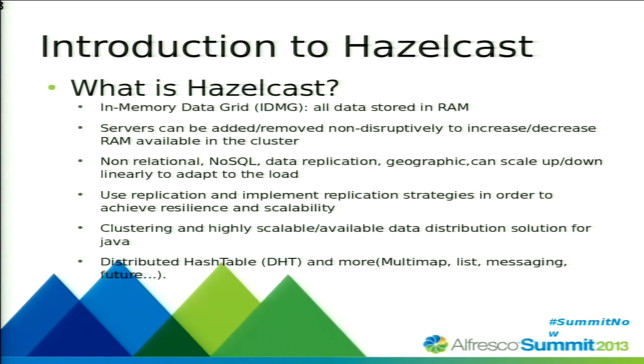Another characteristic, obviously, is that it's a non-relational NoSQL system that does data replication. It can also be interesting in terms of geographic replication, and it can scale up and down linearly.